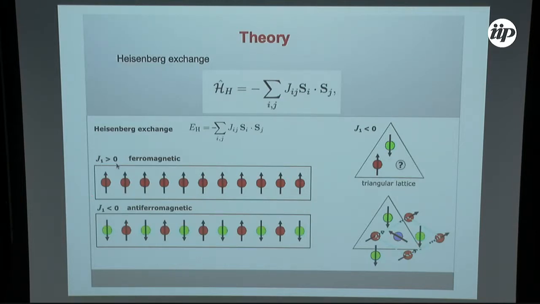In that case, in the simple 1D case, you get just this state as the ground state. If it is antiferromagnetic, you get a kind of Néel state.